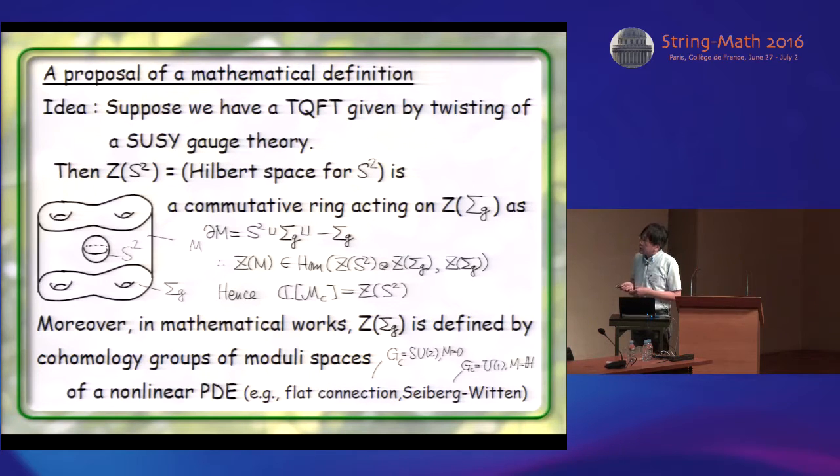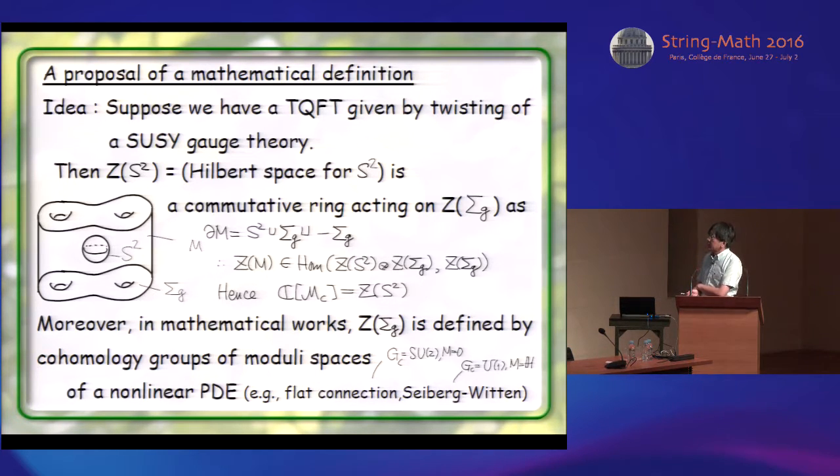In mathematical works, for example, Donaldson, Floer, Kronheimer and Mrowka define the quantum Hilbert space associated with Sigma_g as a cohomology group of the moduli space of a nonlinear partial differential equation. For the case G_C is SU(2) and M equal to 0, in 4 dimensions this is the instanton equation, and its dimensional reduction to 3 dimensions is just the flat connection equation.